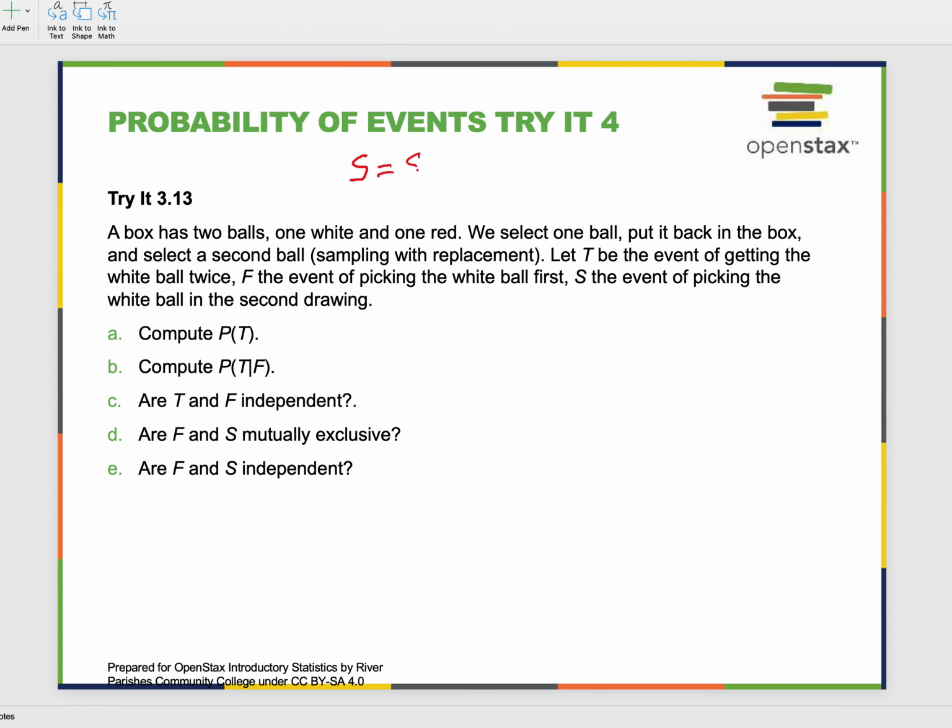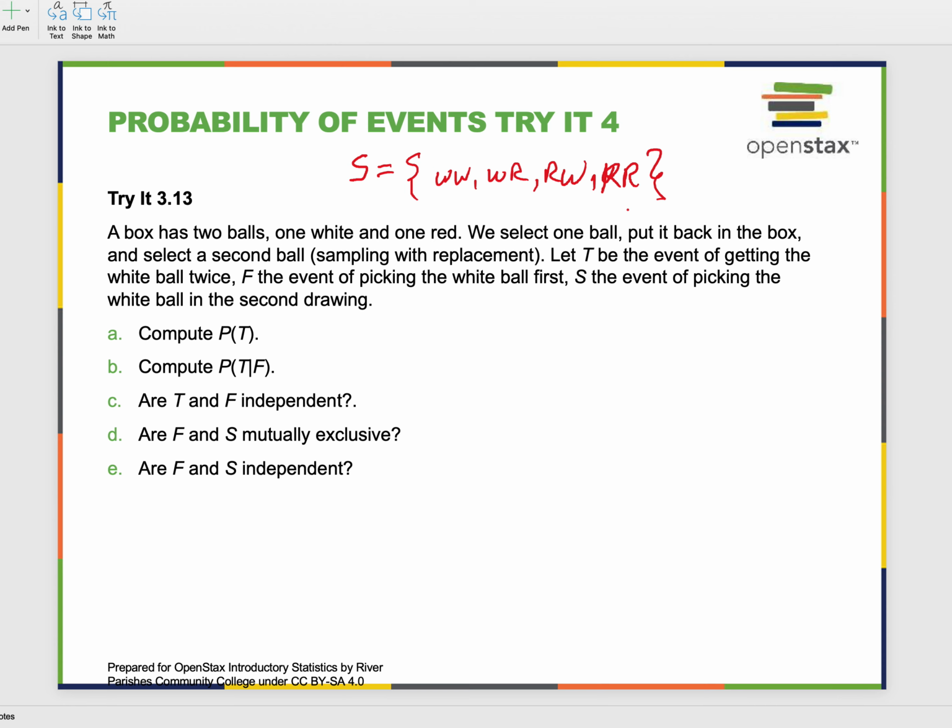We can get white, white. We can get white, red. We can get red, white. We can get red, red. Okay? It's just like flipping a coin twice. I have one red ball, one white ball in a box.